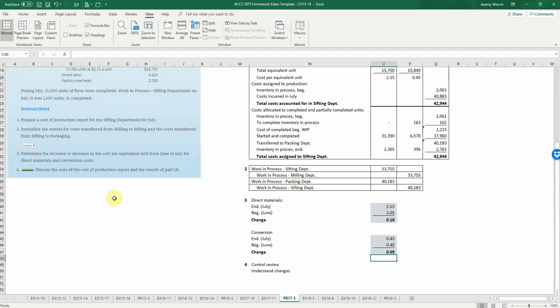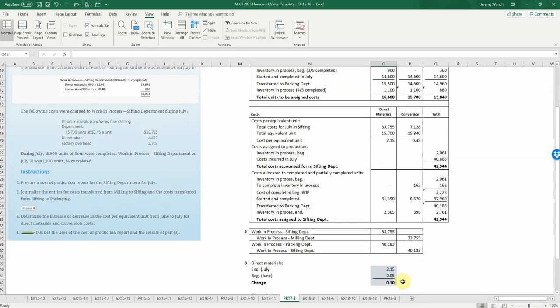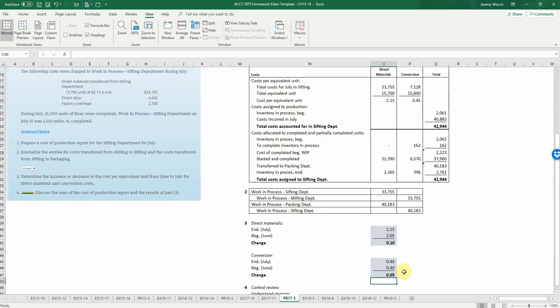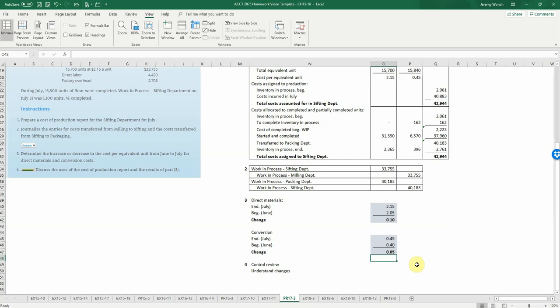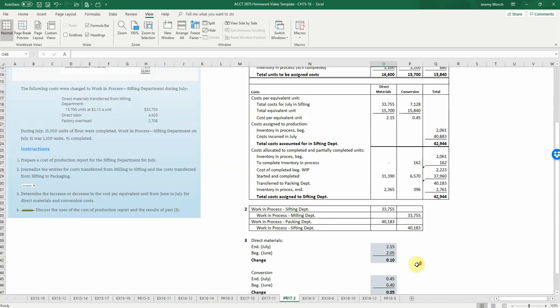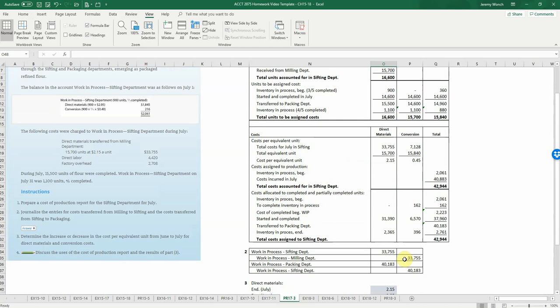So number 4 says discuss the uses of the production report and the results of part 3. And so from an analysis perspective, what we're going to get out of this is not only, from an accounting perspective, that we're going to know how to allocate cost, but from a review and control perspective, this can tell us something that can be going wrong or not as we planned.